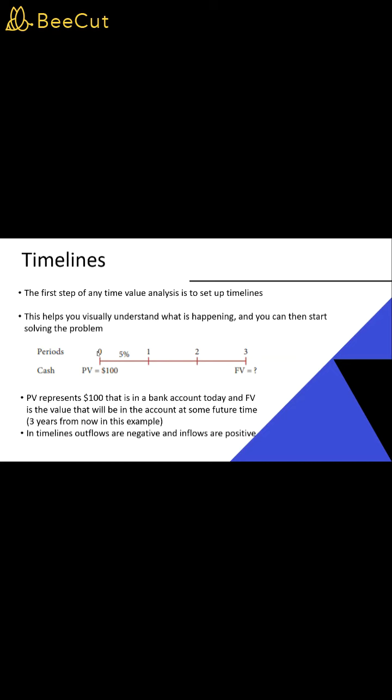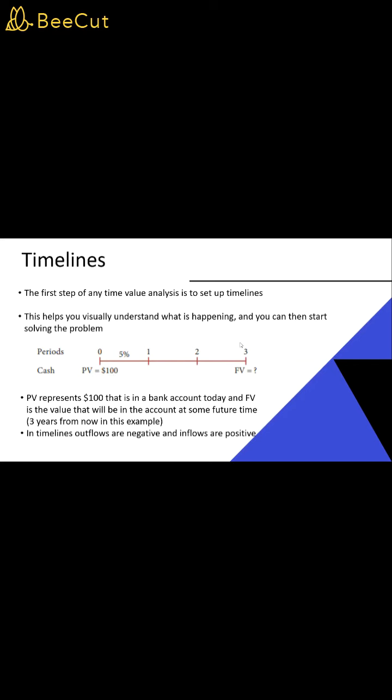Here, as you can see, on the top is the period: 0, 1, 2, 3. This could be time zero, and then first year, second year, third year. There are certain words such as PV, which stands for present value. That's 100.